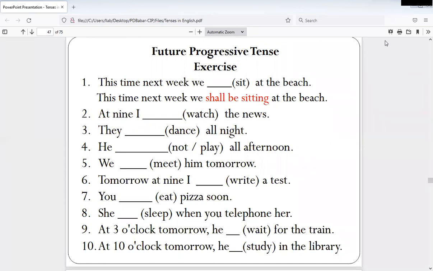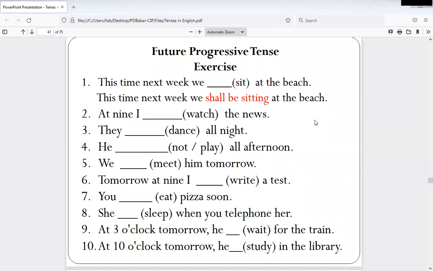Or shall I ask one by one by roll number? Yes, anybody can give the answer. At 9. Can you hear me? Is my voice audible to all of you? Yes, sir. Yes, please answer to this.